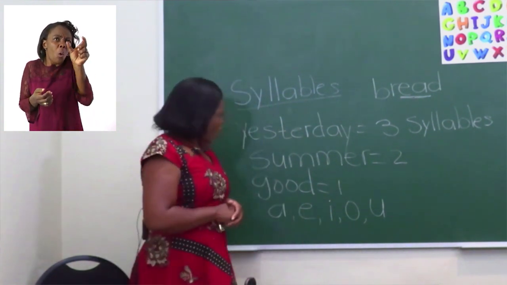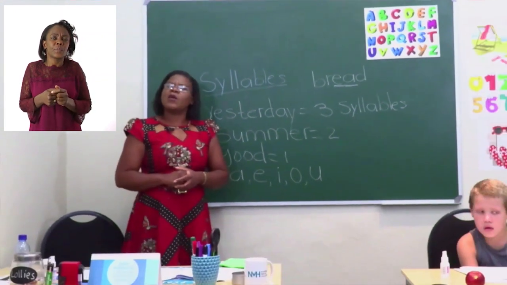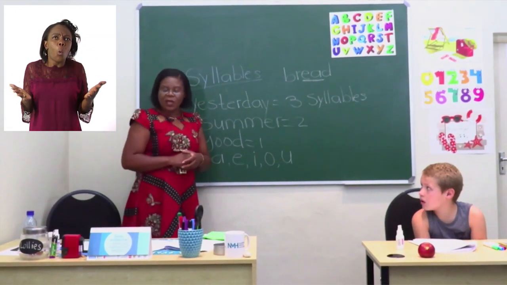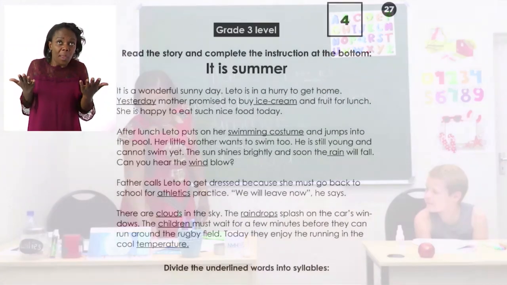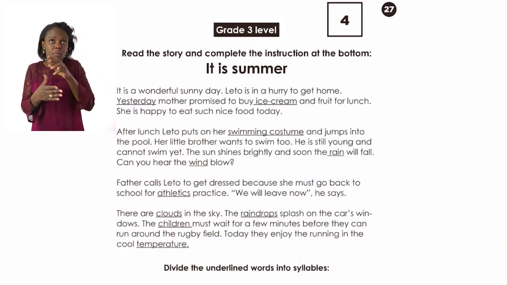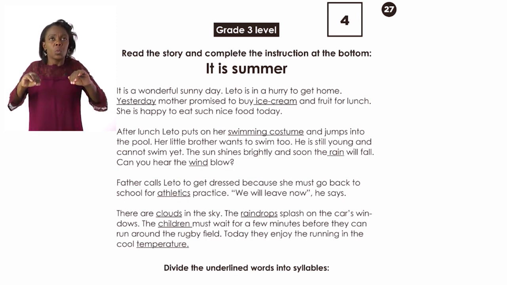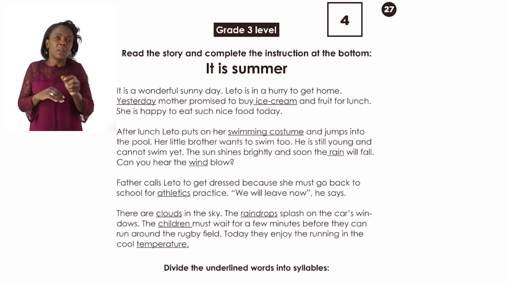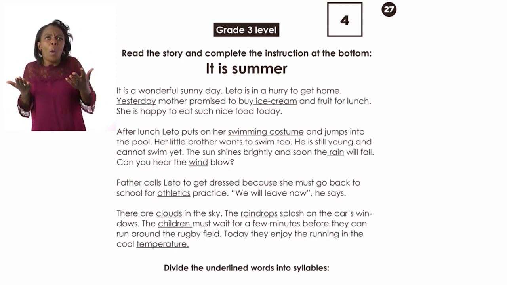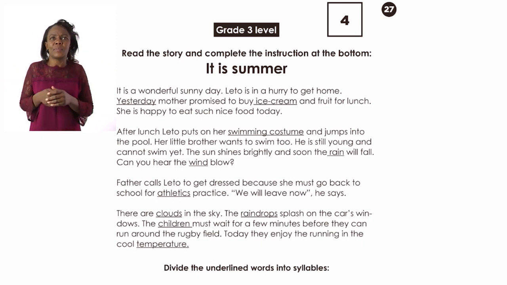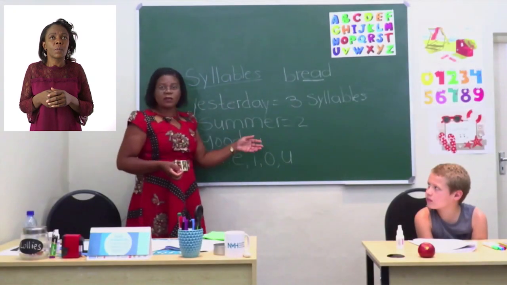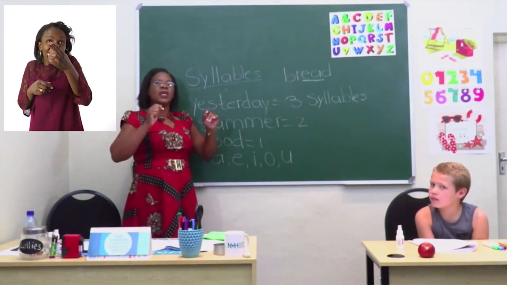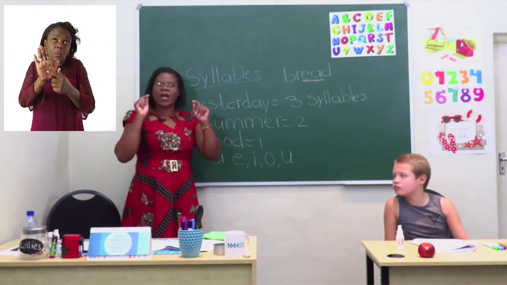Okay. All right, so now what about cutting the words into syllables? Now, on our activity there, if you check, they have told us that we have to divide the words which are underlined into syllables. Now, how do I know where I am supposed to cut this word to say this is 1 syllable, that is another syllable? By dividing it according to the vowels in a word, it will give me a clue on where to cut.